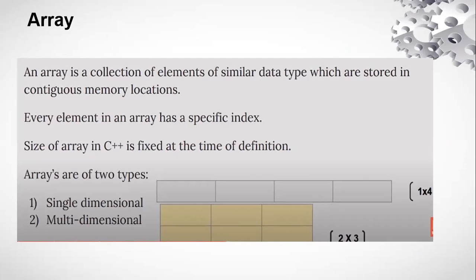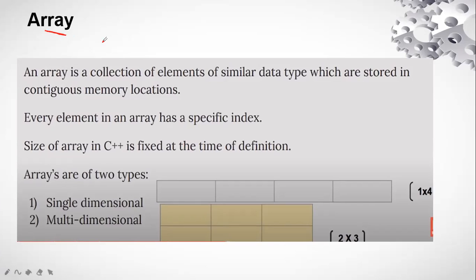Now, in a variable we are going to store only a single data, right? But when we want to store a series of data, a large number of data, at that moment we are going to use the array.